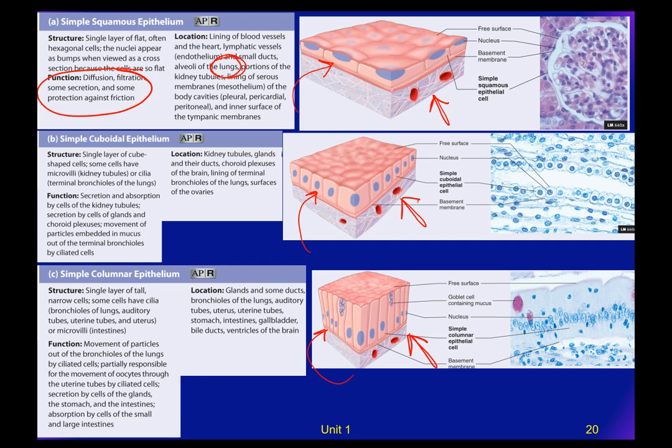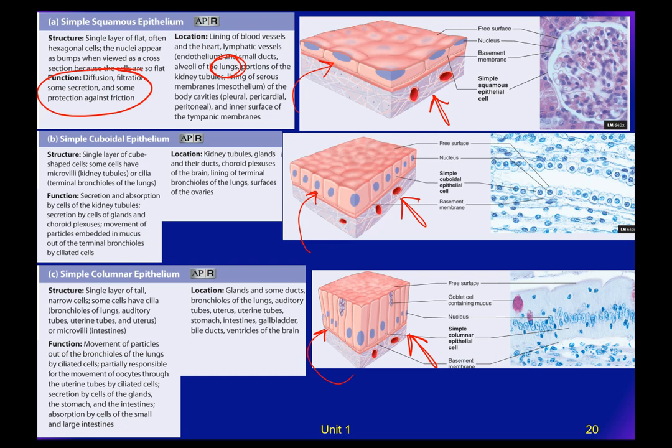Because in the lungs, I've got to exchange oxygen and carbon dioxide, and it has to happen through diffusion. Okay? So I want you to be able to tell me at least or recognize the functions, and I want you to at least recognize one location for each of these.